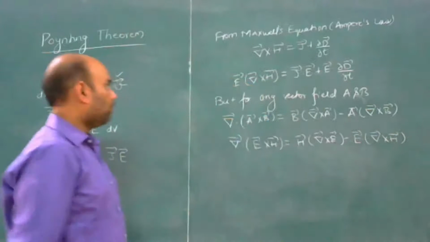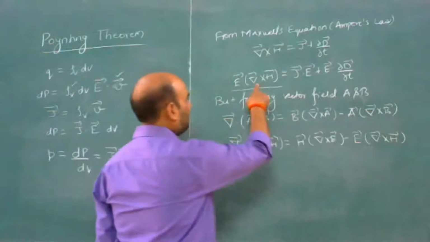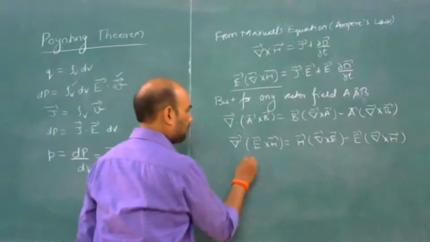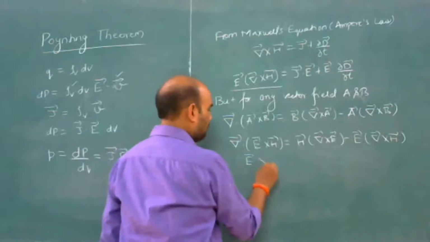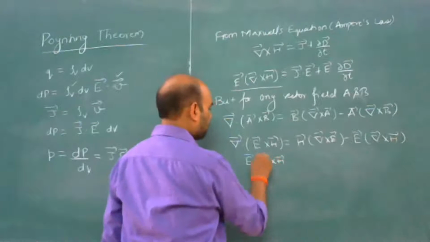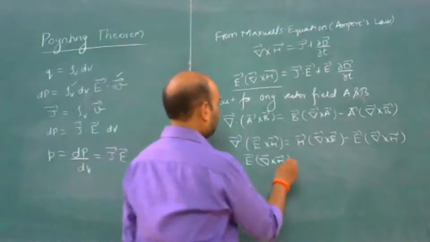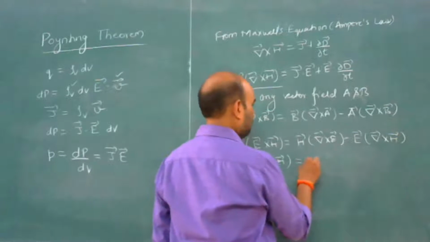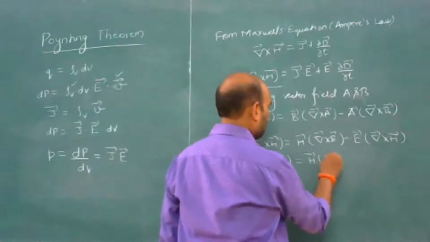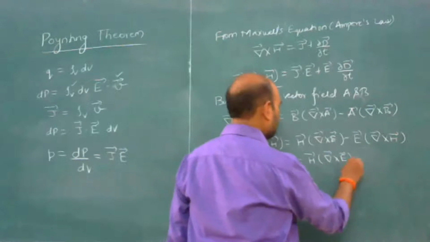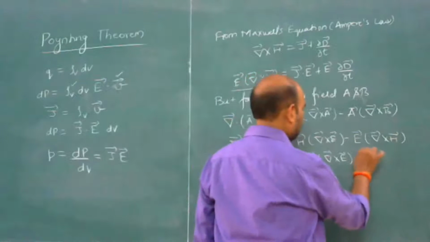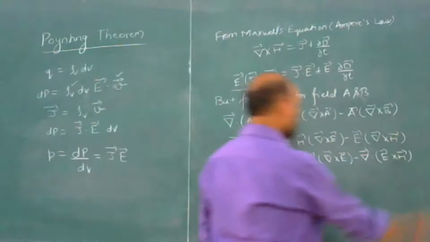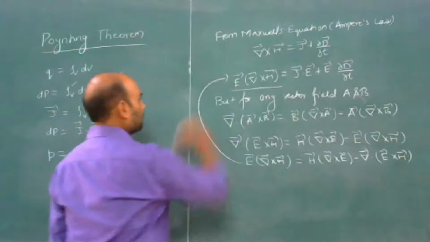And what we want is this E dot curl of H. So we can write vector E dot curl of H is equal to vector H dot curl of E minus divergence of E cross H. Now we will substitute this value here.